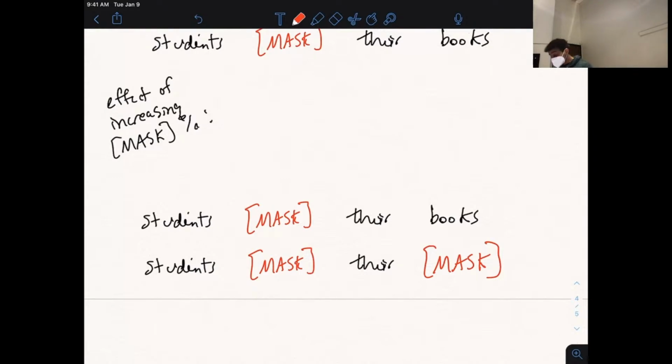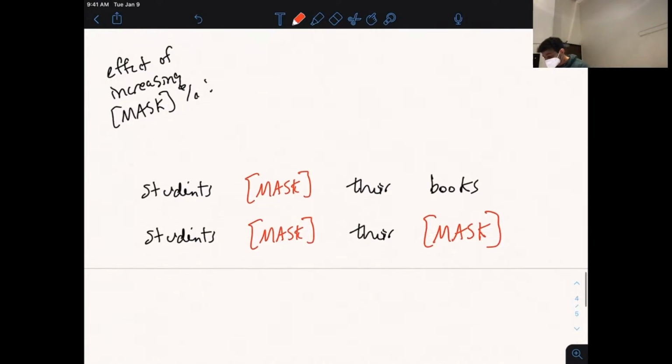Because now I don't really have any knowledge of what was being opened, or if I'm predicting this final mask, I don't even know what verb was applied to this. So the model will find it extremely hard to make a reasonable prediction for both of these slots. I could do this further, right? I could mask out "students" also, and now the model has no idea what to do.